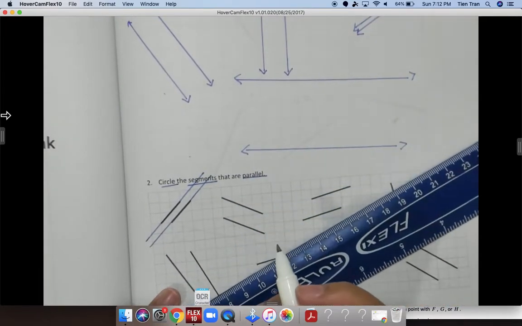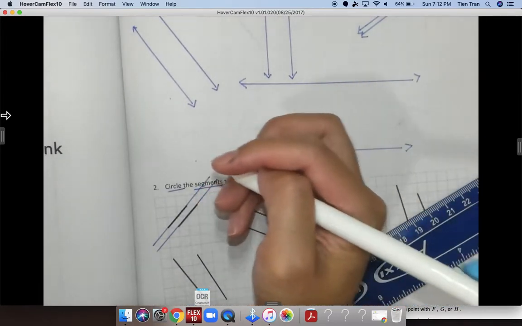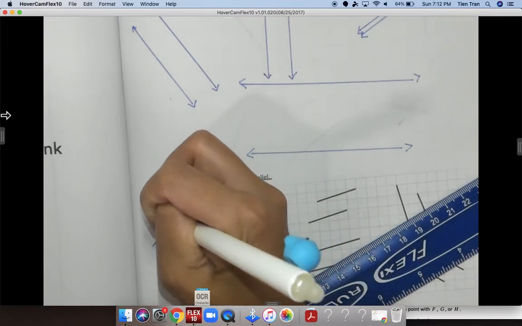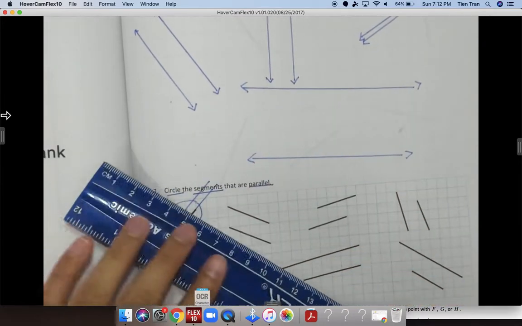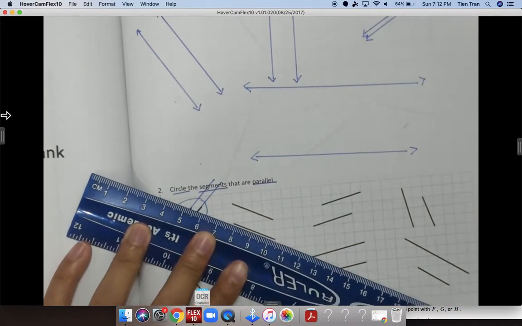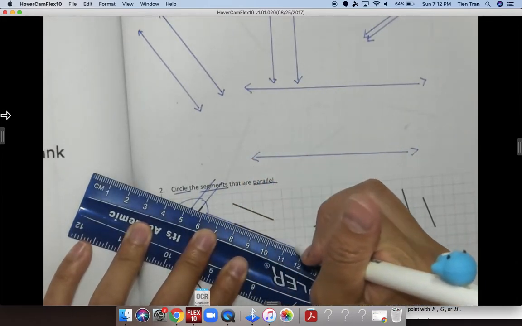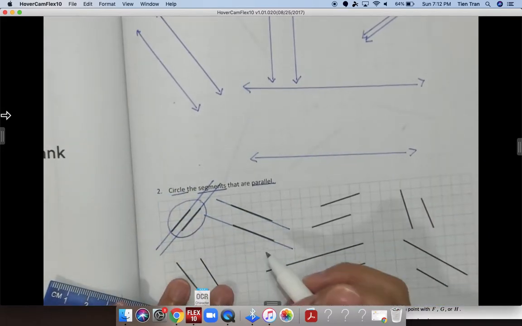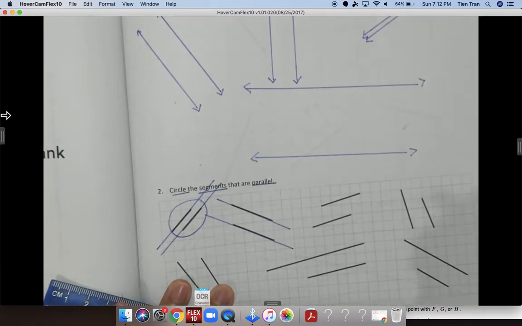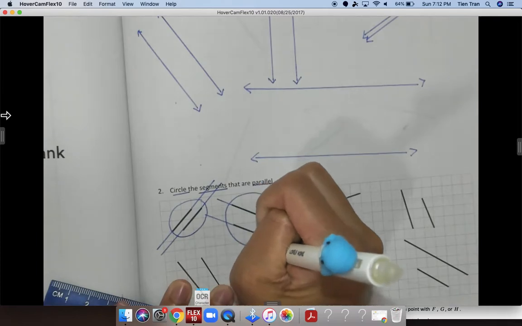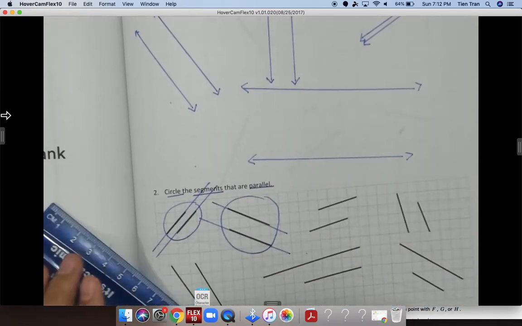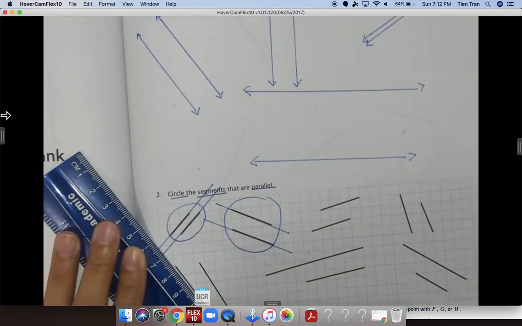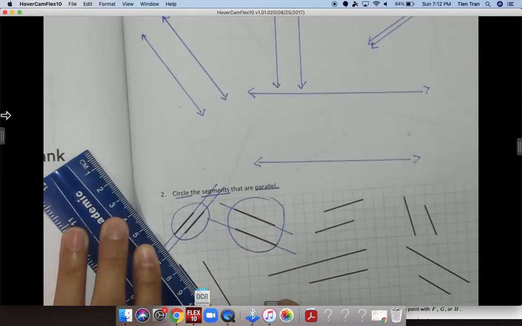These two lines don't meet, so this one I'm going to circle. And then I'm going to extend this one and see if they meet. This one continues to extend. It's not going to meet either, so I'm going to circle this one. Those are parallel lines. And then I'm going to extend these lines and see if they meet.